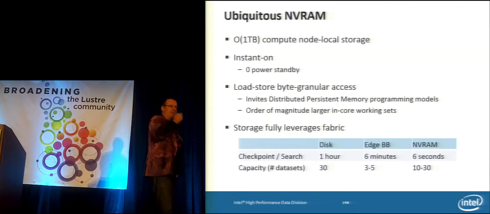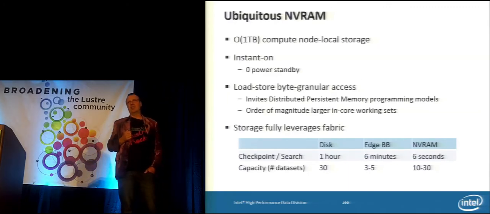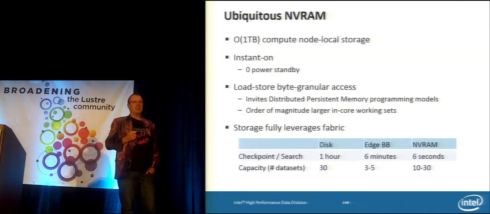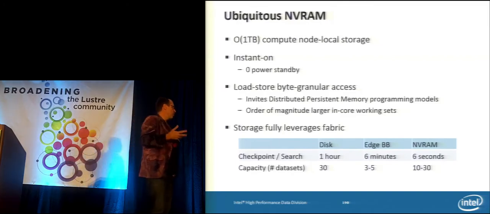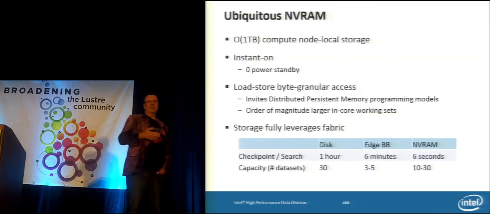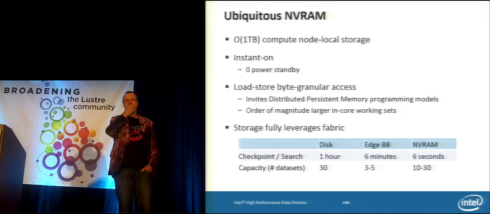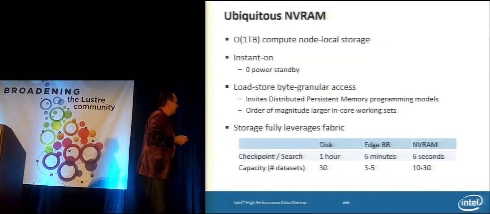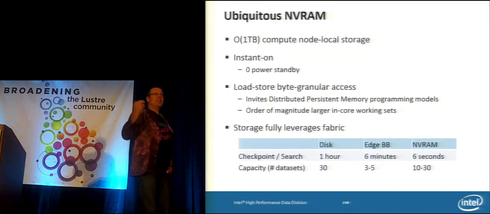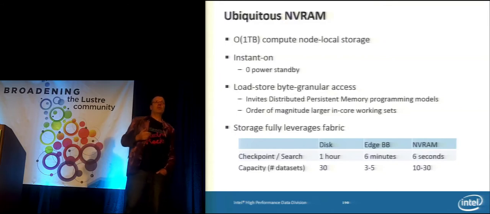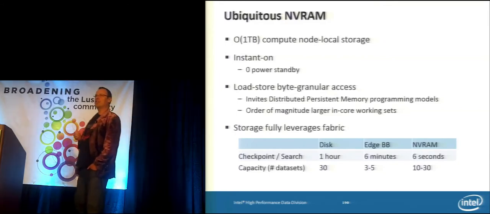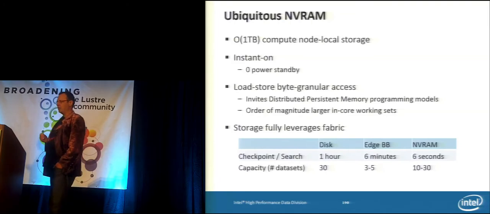If I think of one of these large Grand Challenge HPC clusters, if I think of a working set on the order of a petabyte, say, it's going to take me about an hour to move one working set in or out of a disk-based storage system.